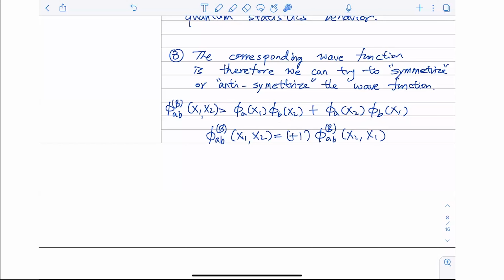And because of that structure, whenever you change the description of x1 and x2, basically you just shuffle the first term to the second and the second term to the first. And because the sign in the middle is a sum, we will not change the sign once we perform this swap of particles.